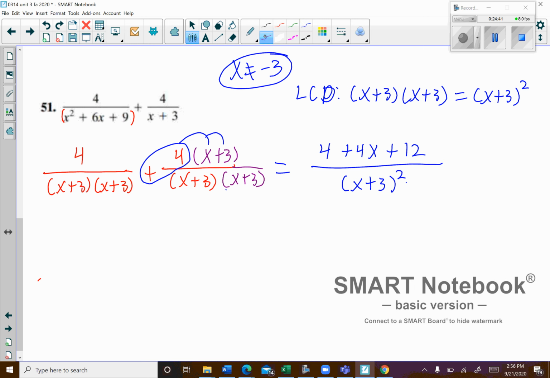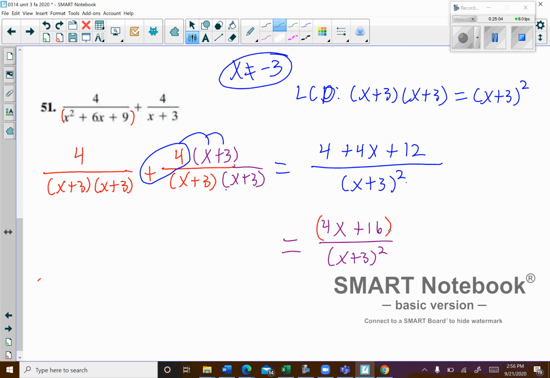So what I have left here, let's see. You want to go highest power first, so we'll put the 4x in front. And then 4 plus 12, that is 16. And then all over x plus 3 squared. Now, what we can do here on top is factor out a 4.